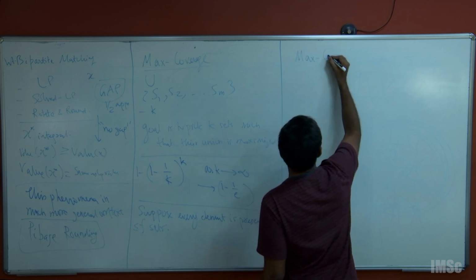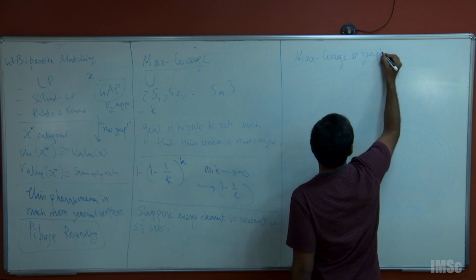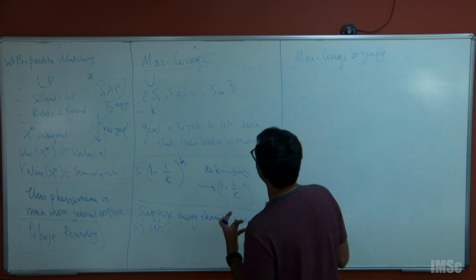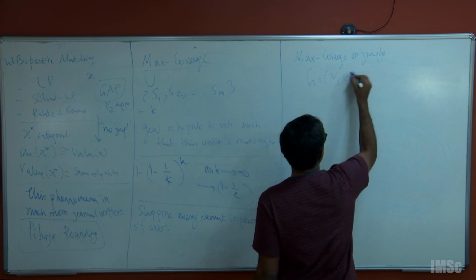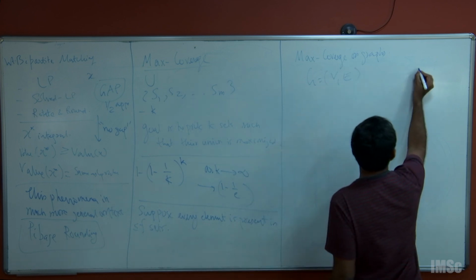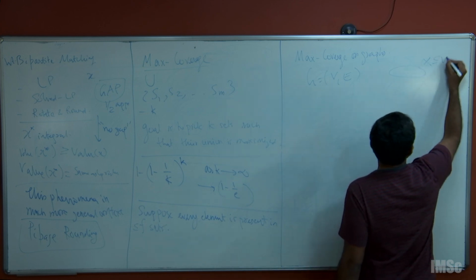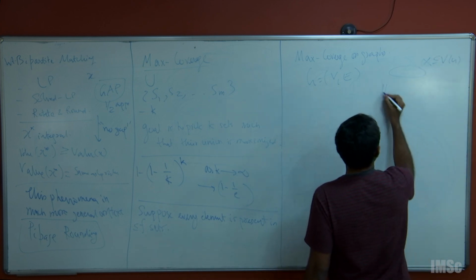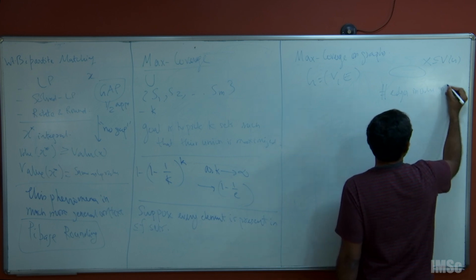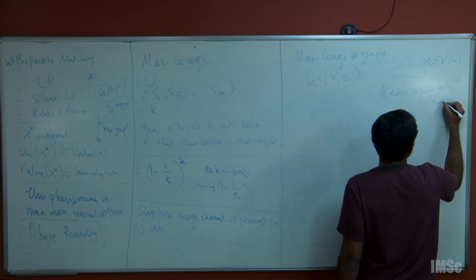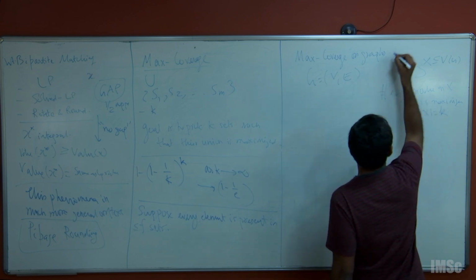What is max coverage on graphs? Given a graph G(V, E), I want to find a set X of vertices such that the number of edges incident on X is maximized, and of course, |X| is equal to k.